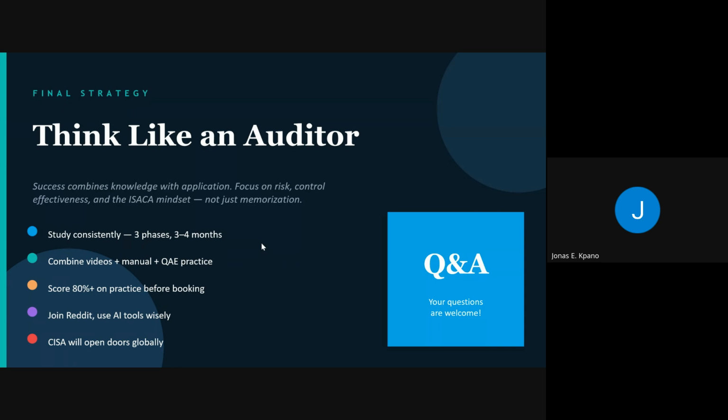So combine the AI tools. Don't rely on ChatGPT alone. You can rely on other ones like Gemini, Grok, and Copilot in order to compare the questions.